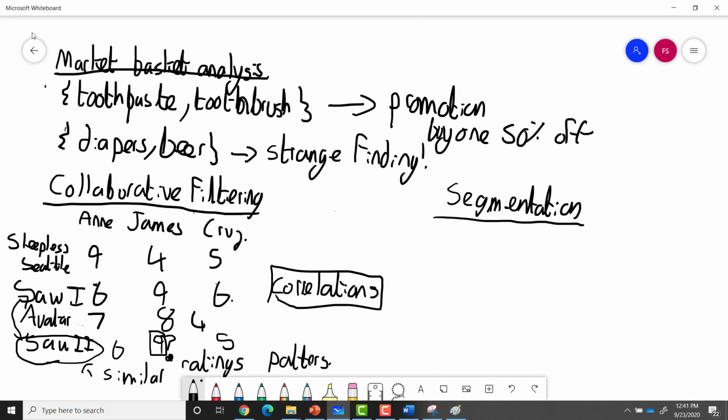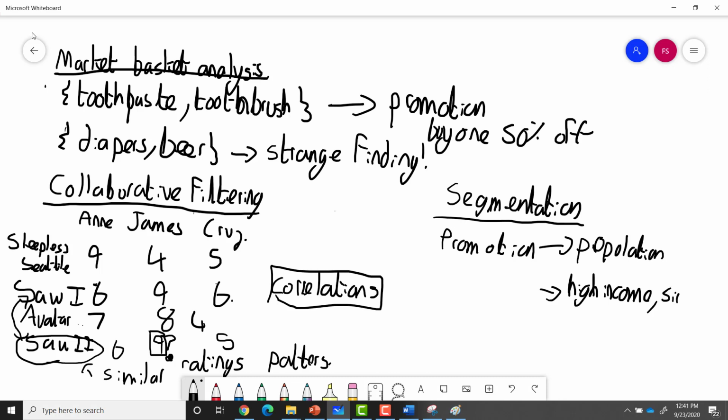And this is, you know, we have a promotion that we send to the entire population. Then we get to segmentation. So we maybe have a segment of this high income, single, fashion conscious urban females.